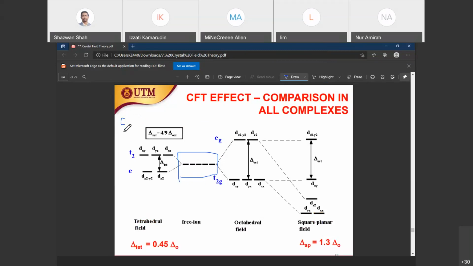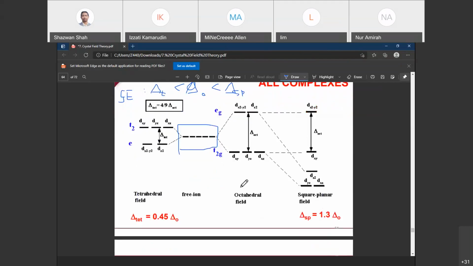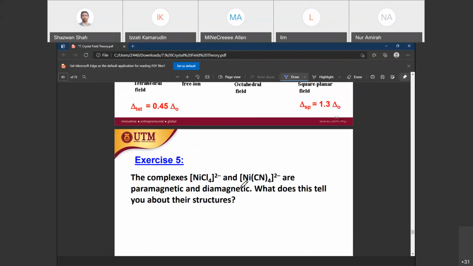For splitting energy, the smallest is tetrahedral, followed by octahedral, and the largest is square planar. Okay, so this is the splitting energy.